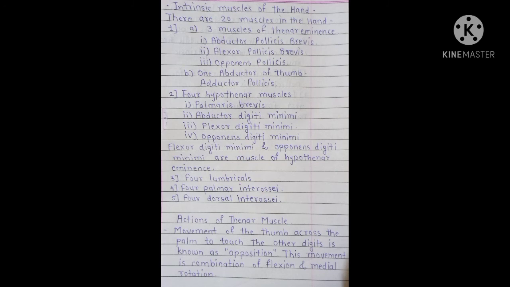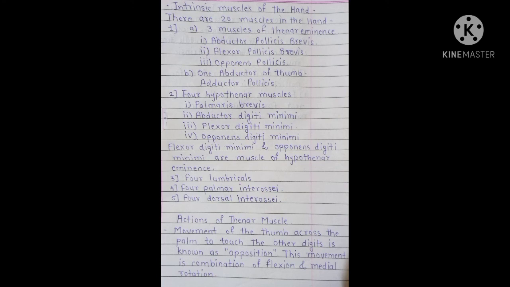Four hypothenar muscles, that is palmaris brevis, abductor digiti minimi, flexor digiti minimi and opponens digiti minimi. The flexor digiti minimi and opponens digiti minimi are the muscles of the hypothenar eminence. Four lumbricals, four palmar interossei and four dorsal interossei. So there are a total of 20 muscles.